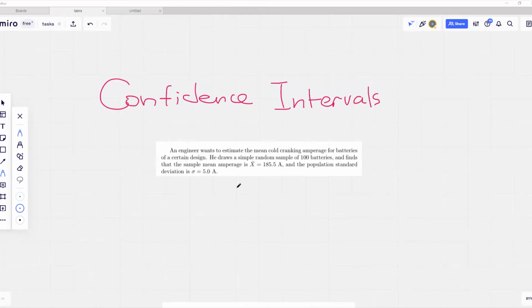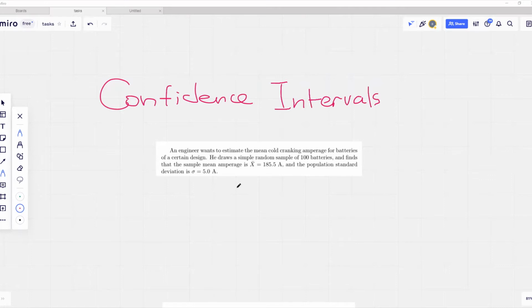Point estimates, no matter how they are determined, share the same fundamental weakness: they provide no indication of their inherent precision. The population mean will actually be somewhat larger or smaller than 185.5.